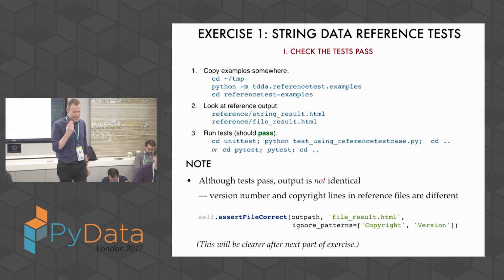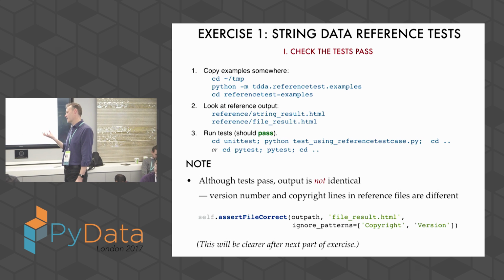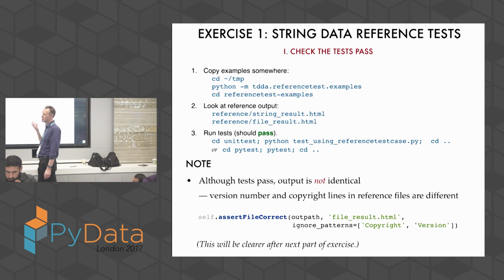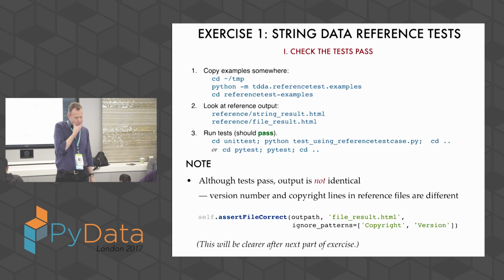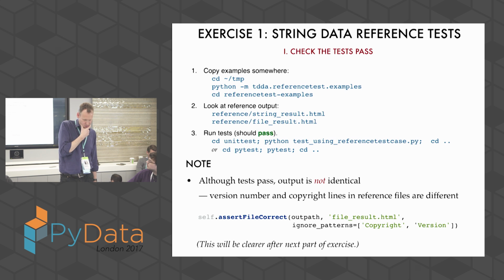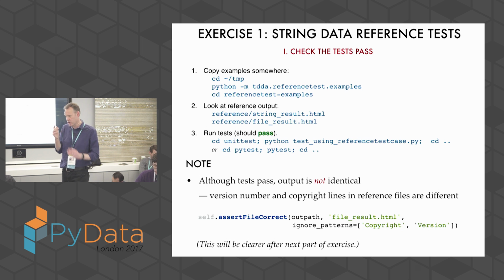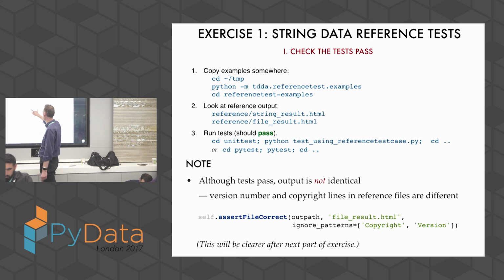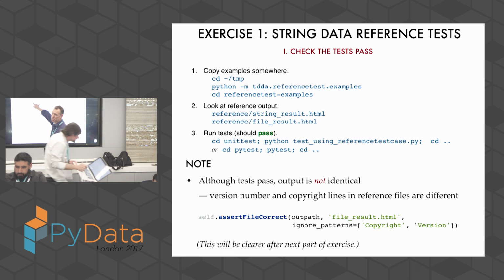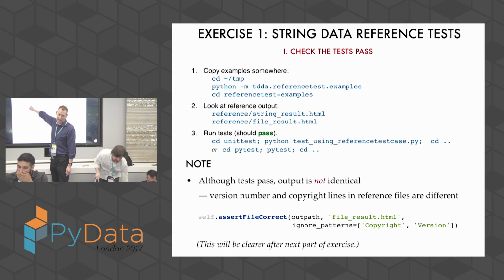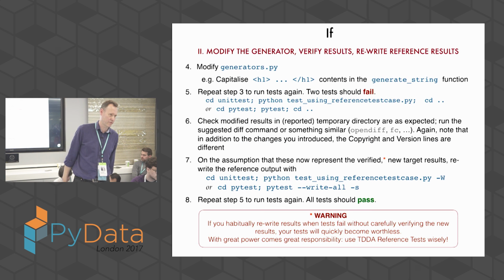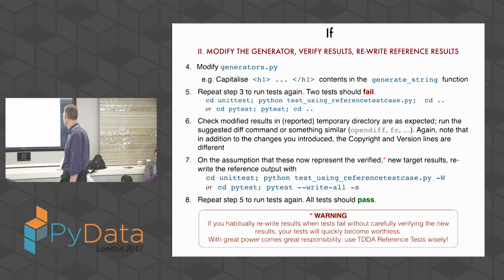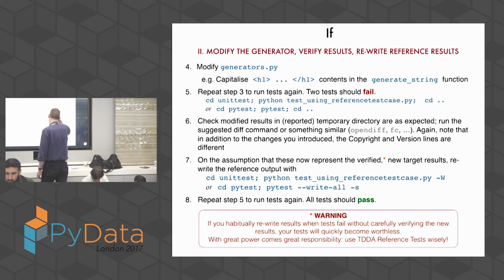So the idea now is that we want to invalidate the test. So what we're going to do is make some change to the generator code so that the files that get produced are different. If you look in generators.py, it's a very simple thing that has some explicit HTML in it, including this h1 tag, and my suggestion is that you change the contents of that heading 1 by turning it to uppercase or something like that, just making it different so that we get a different result out of the code.